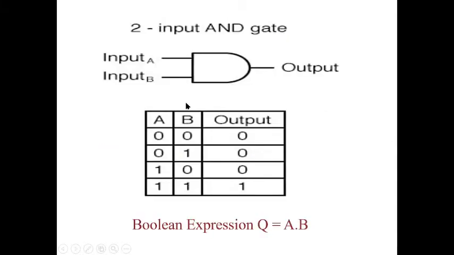Let us look at the truth table of a 2 input AND gate. So this is the truth table of a gate. To know the number of states that the gate will operate in, the formula is 2 raised to the power n, where n is equal to the number of inputs.